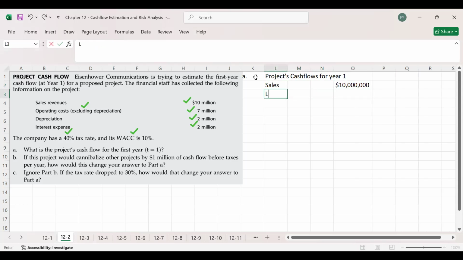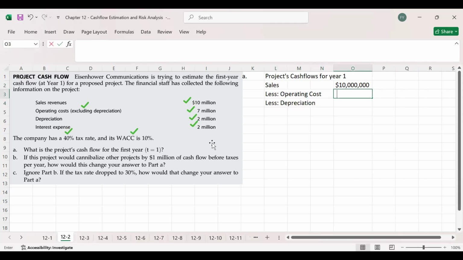Then we deduct operating cost and depreciation.